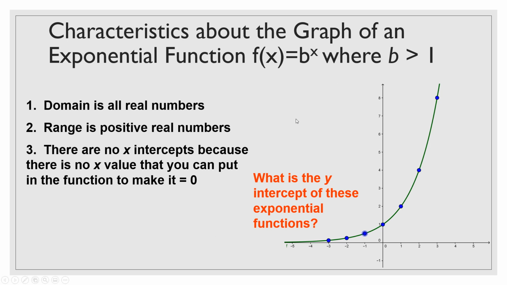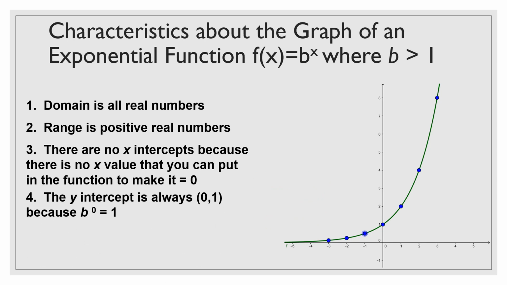Now, what is the y-intercept? The y-intercept is actually 1, because if our x is equal to 0, then the value would be 1. That's why the y-intercept is equal to 1.